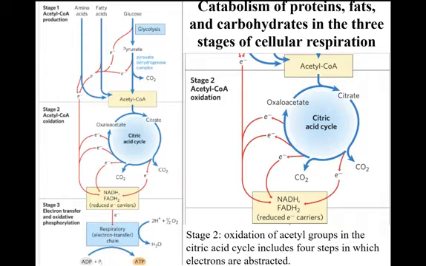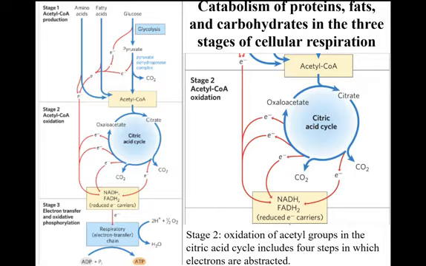Hello class. This is the second part of the series on the citric acid cycle. We stopped at stage 2 of the catabolism of proteins, fats, and carbohydrates, which acts as 3 stages of cellular respiration.